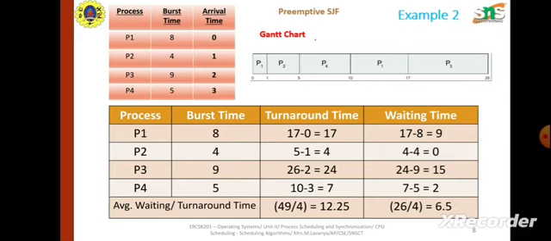So for process P1, its turnaround time is 17 minus its burst time is 8 equal to 9 is the waiting time of process P1. Consecutively for P2, P3 and P4, the waiting times are calculated using the formula. And for finding the average waiting time, we will be summing all those waiting times of process P1, P2, P3, P4 and we will find the average.